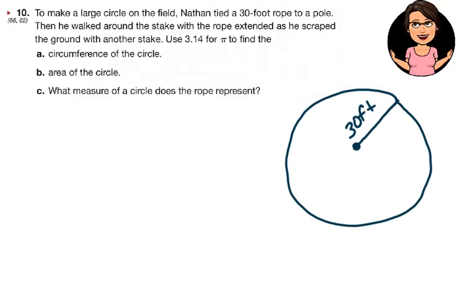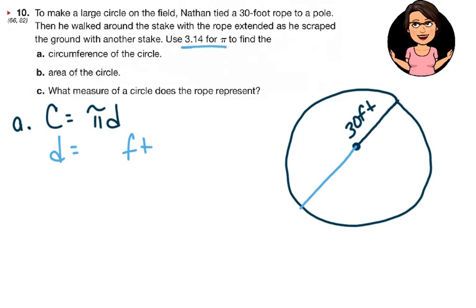So the first question, they want to find the circumference. Remember, circumference is pi times, good, diameter. So we really need this part to know the diameter. So make sure that you remember to write down what the diameter is. And then they want us to use 3.14 for pi.